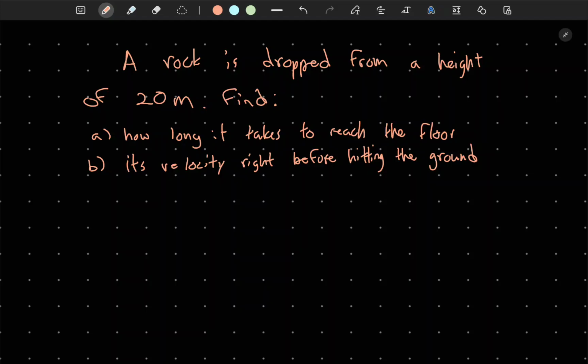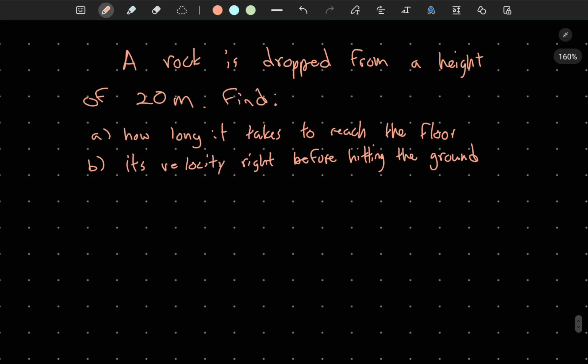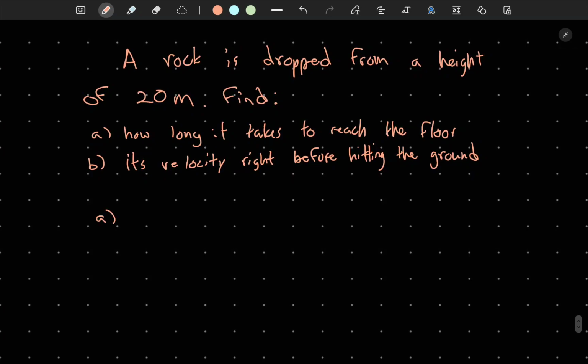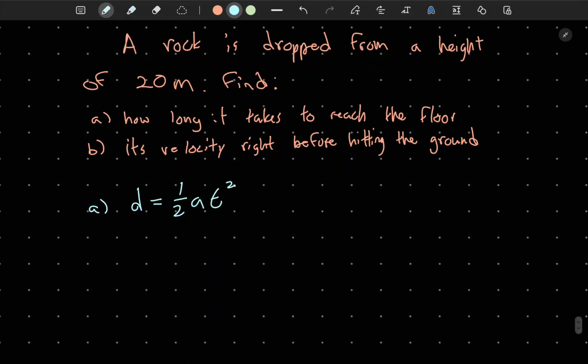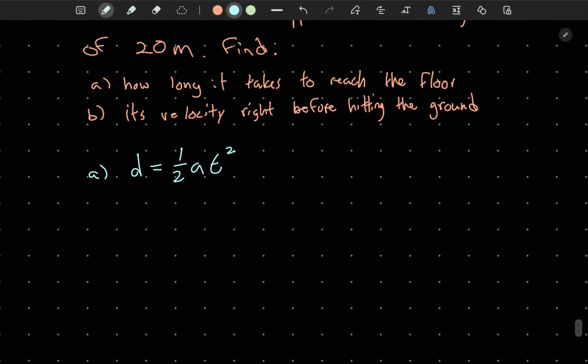So no, we don't need to know the mass. Now, how are we going to even solve this in the first place? Let's just start with part A, and let's do some kinematics equations. Let's write down our kinematics equation of d is equal to 1/2 a t squared. So how are we going to find this? Well, conveniently, we do know what d is. D, which is displacement, which has a direction, is given to us.